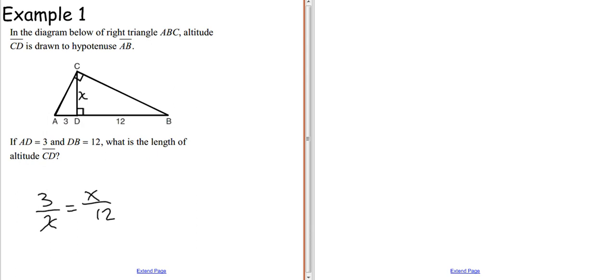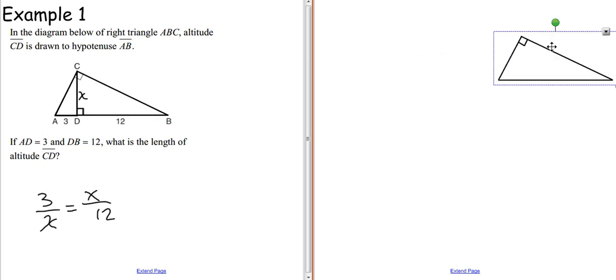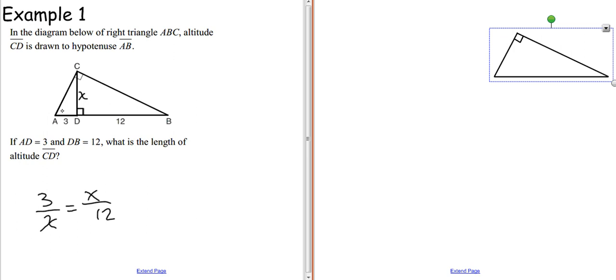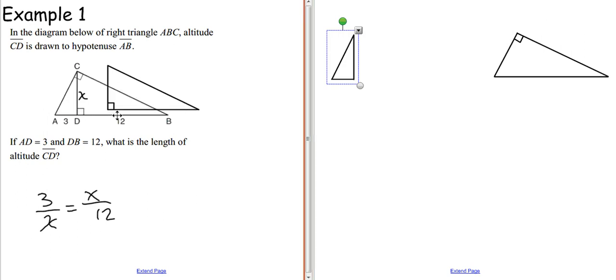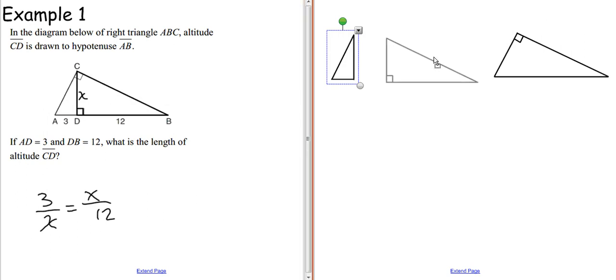So here's the big right triangle, right triangle ACB. I'm just going to take it and put it here. And then here's the little right triangle, and then here is the other one.